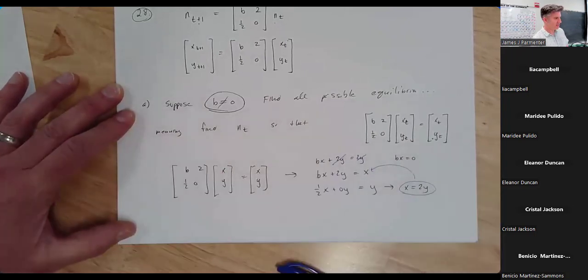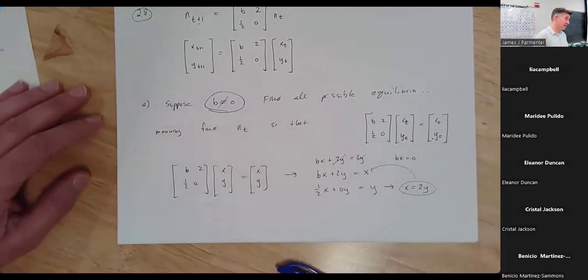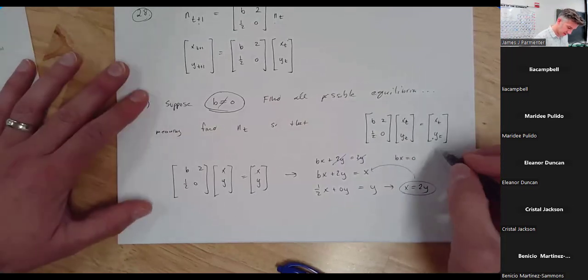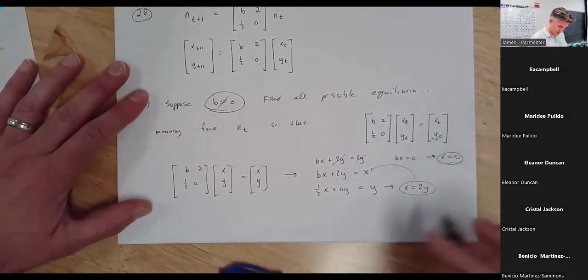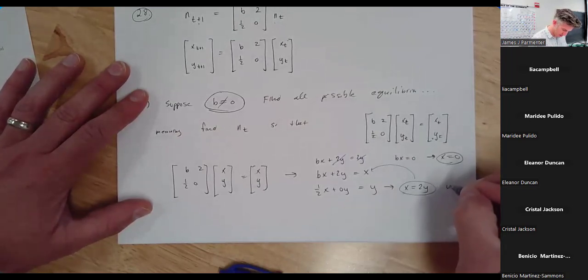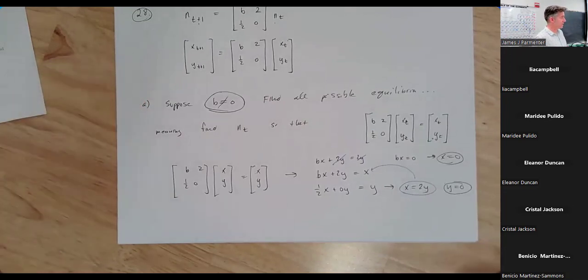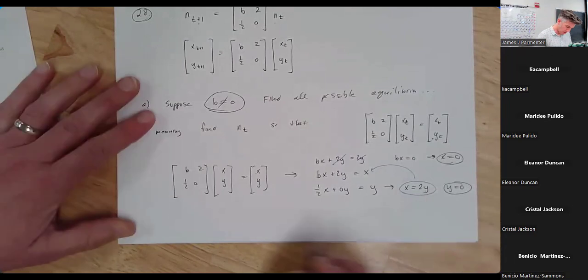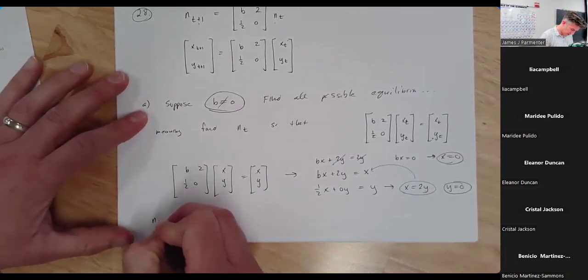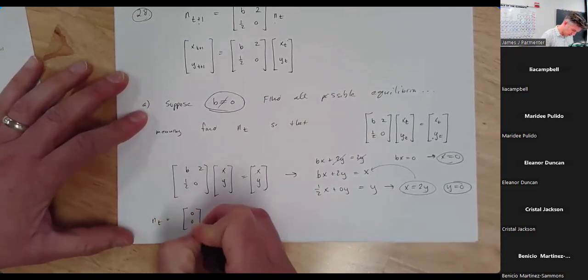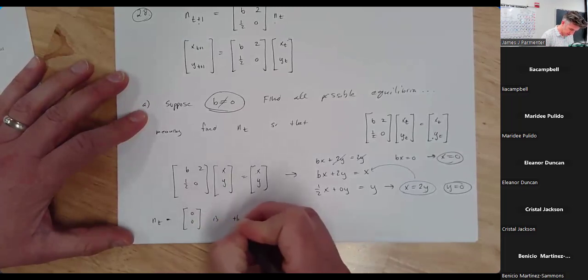So if b times x equals 0, it can't be b, it's got to be x. So that means x has to be 0. And if x is equal to 2y, that means y also has to be 0. So in this situation, the only equilibrium is 0, 0. So n sub t equal to 0, 0 is the only equilibrium.